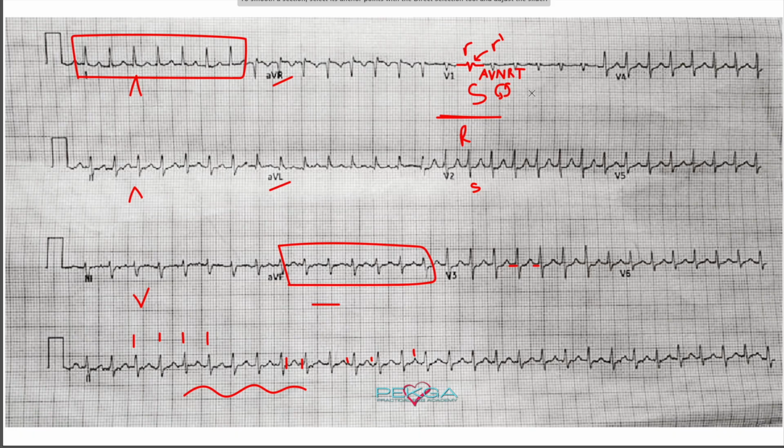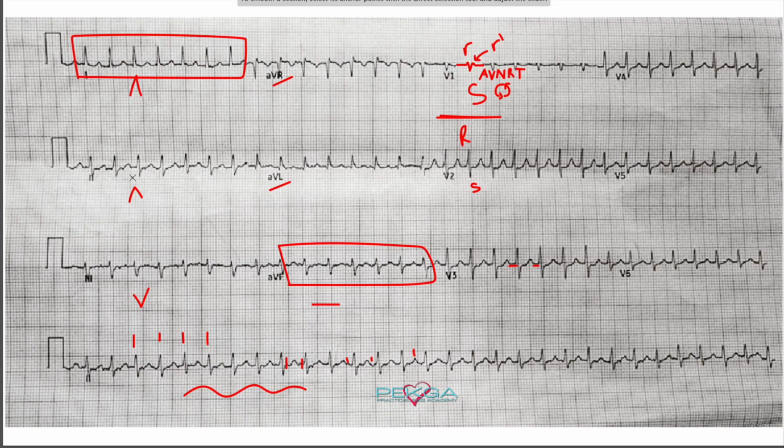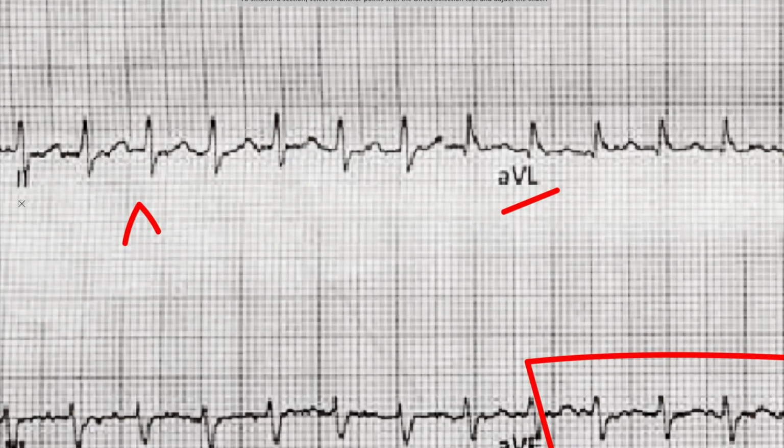However, this R prime here is often present, and so in lead 2 you will have what's called a pseudo S wave or a false S wave. Here I'm not so certain, since pseudo S waves are typically smaller, just a little blip.